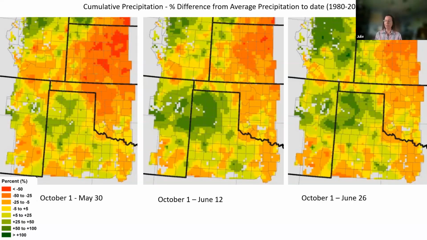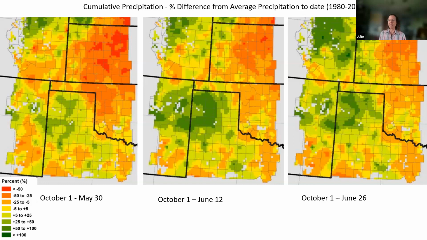These are cumulative precipitation maps from October 1st to May 30th on the left, June 12th in the middle, and June 26th here on the right. The colors indicate percent difference between this year and the long-term average of 1980 to 2022.